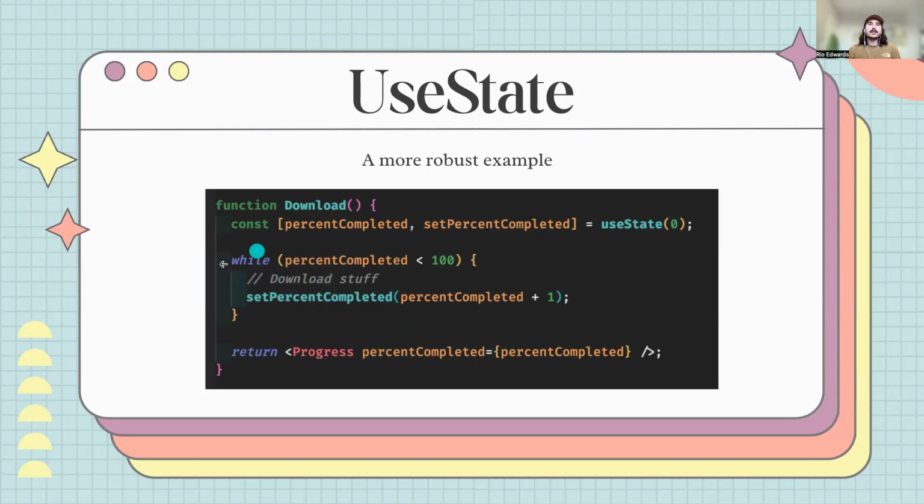This is just kind of a simplified version of what might actually happen, but we could say while percent completed is less than 100, we download some stuff, and then we change percent completed to itself plus 1. And so this is how we're updating the percent completed variable.